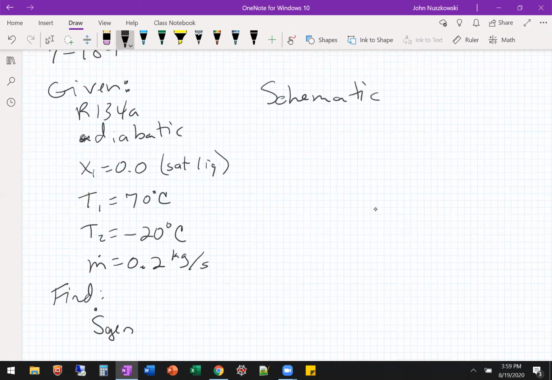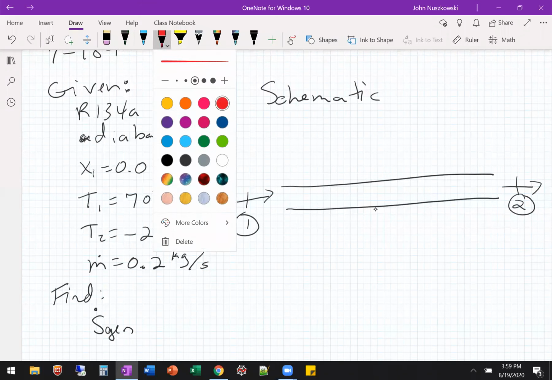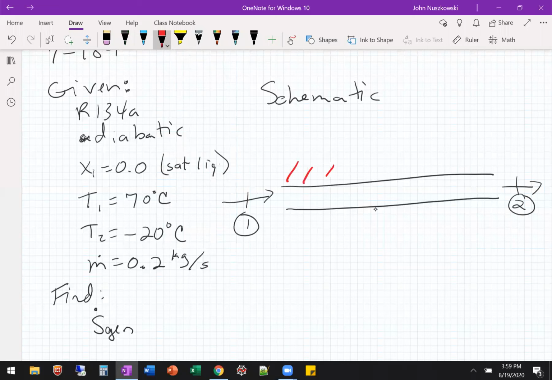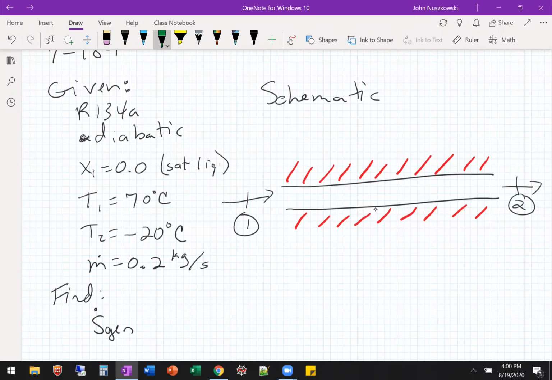All right. So we have our capillary tube. It's just a very small diameter tube that creates a restriction. We said it's adiabatic. And then we want our boundary.